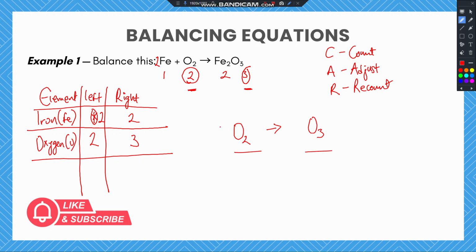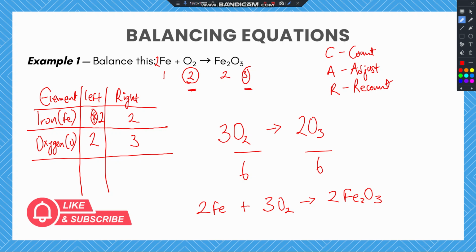I can multiply this by 3, therefore I have 6 atoms of oxygen, and then I come here and multiply this by 2, therefore I have 6 atoms of oxygen. So that means I now have a coefficient of 3 on the left side for oxygen and 2 on the right side for this compound Fe₂O₃.